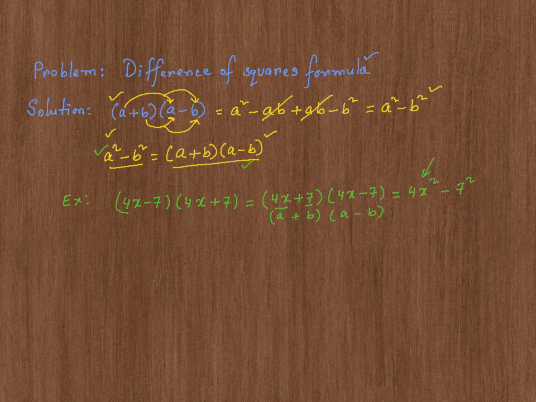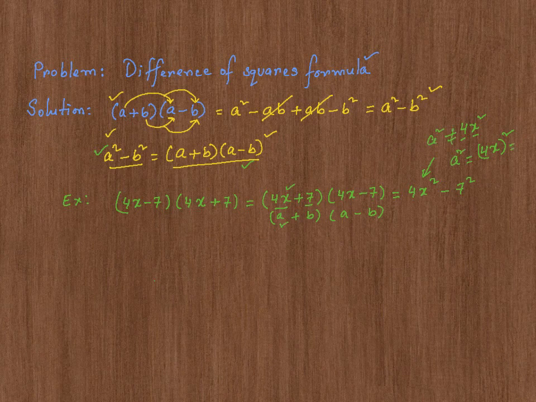If you write 4x square, you are saying that you are multiplying 4 by x square. However, the context of the problem requires you to do the following: 4x whole square, because your a is 4x. If you are trying to get a square, you have to square the whole thing. A square is not equal to 4x square.